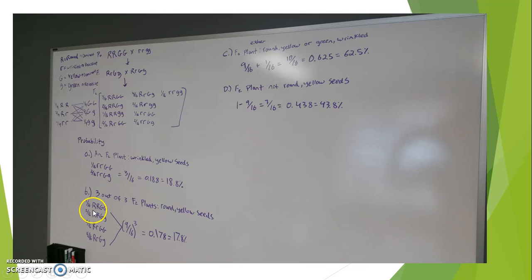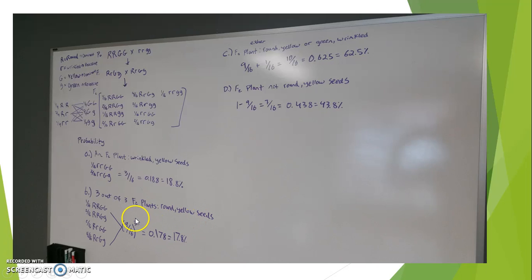The genotypes represented right here are big R, big G; big R, big G; big R, big G; and big R, big G, little g. These genotypes are all representative of the round and yellow seed phenotype.